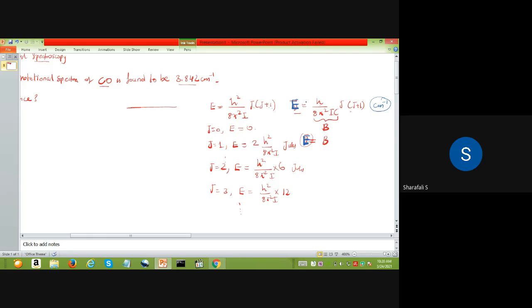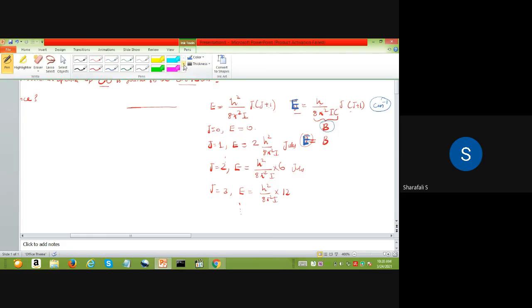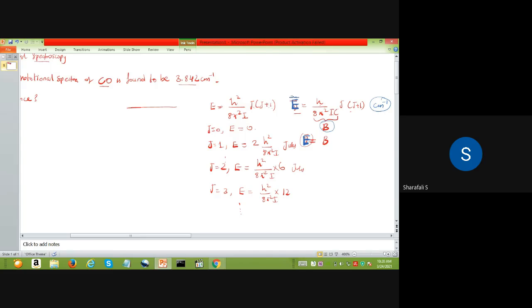So each energy level we are representing in terms of B, in wave number.